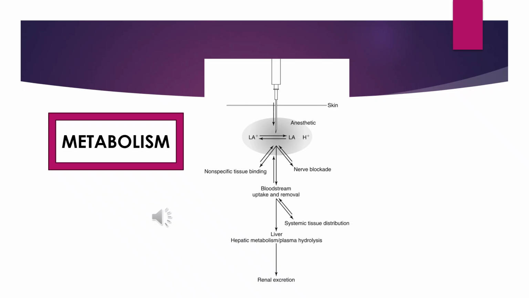The rate of hydrolysis has an impact on the potential toxicity of local anesthetics. Chloroprocaine is rapidly hydrolyzed, so it is least toxic. And tetracaine is hydrolyzed 16 times slower than chloroprocaine, and it is more toxic. Procaine is hydrolyzed into para-aminobenzoic acid and diethyl alcohol.